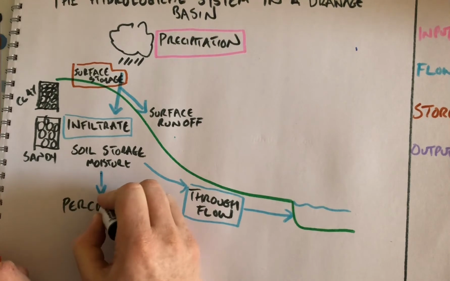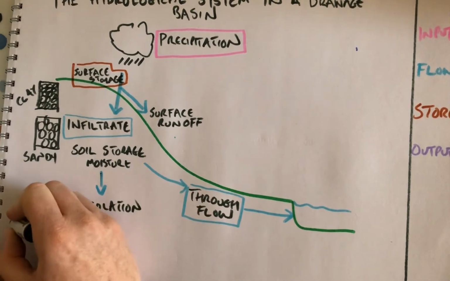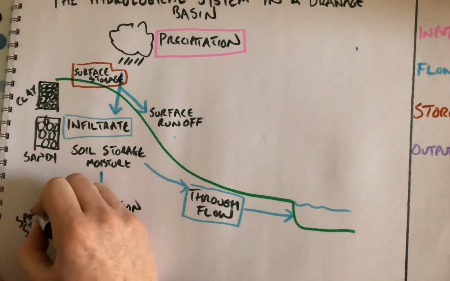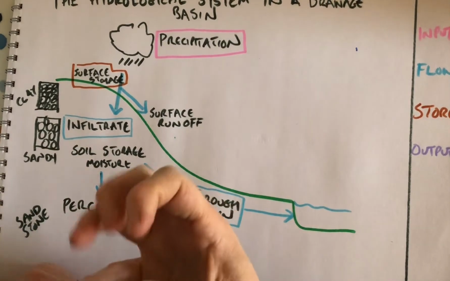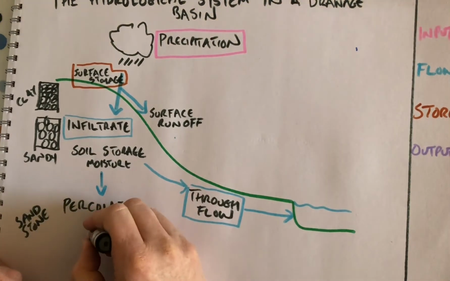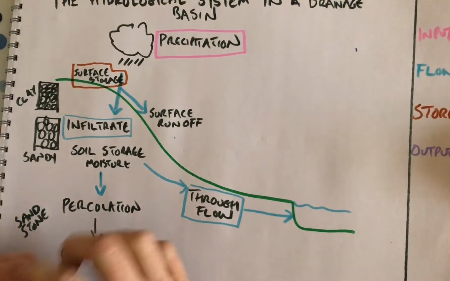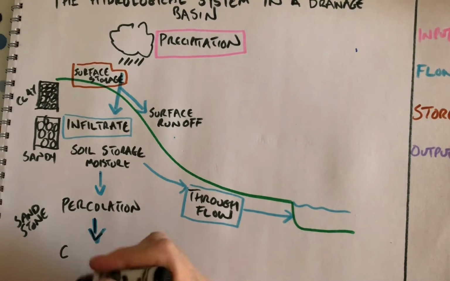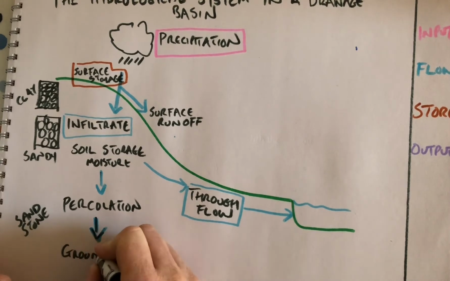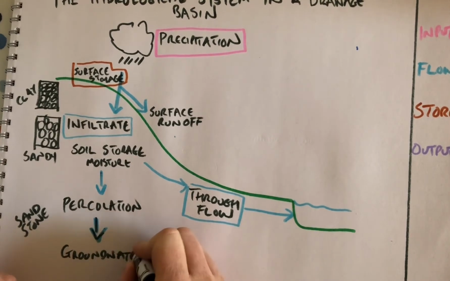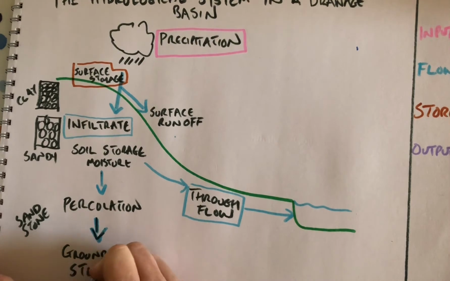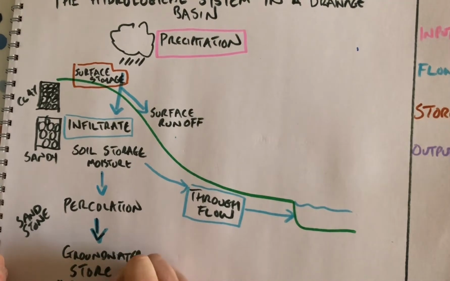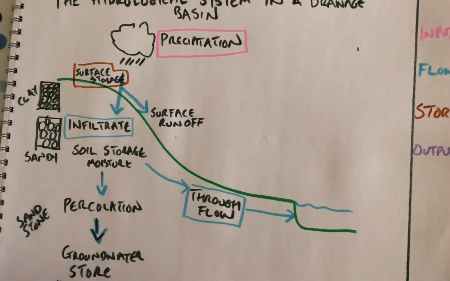So percolation is when we're looking at parent material like sandstone, for example, which is really porous. It can then enter as groundwater, where it can be stored, and rocks that store water are known as aquifers.